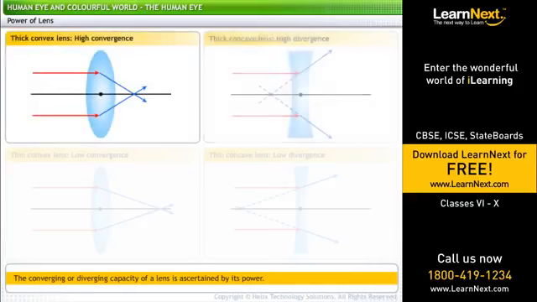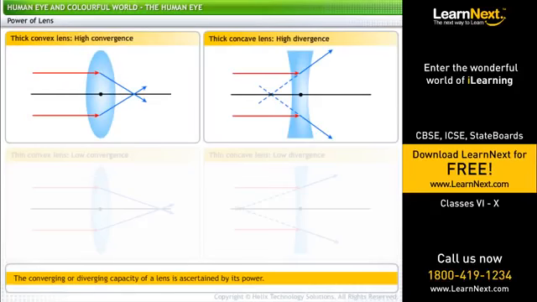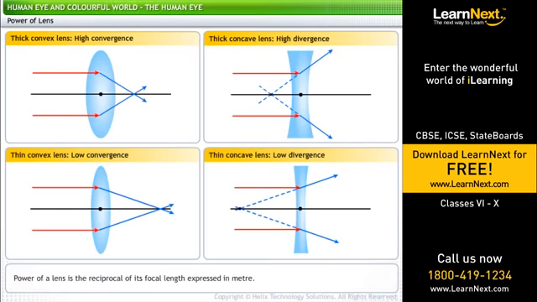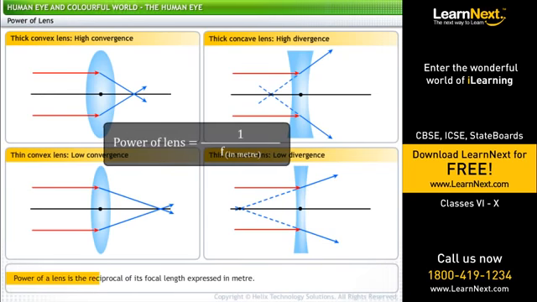For a higher converging or diverging capacity, we need lenses of a greater thickness, and hence a smaller focal length. Similarly, a thin convex lens has a larger focal length, and hence its convergence is lower. Thus, the converging capacity of a convex lens and its focal length are inversely related. Numerically, the power of a lens is the reciprocal of its focal length expressed in meter.